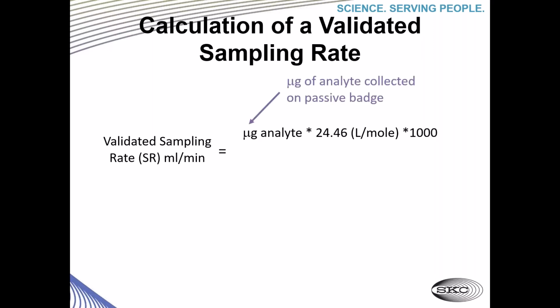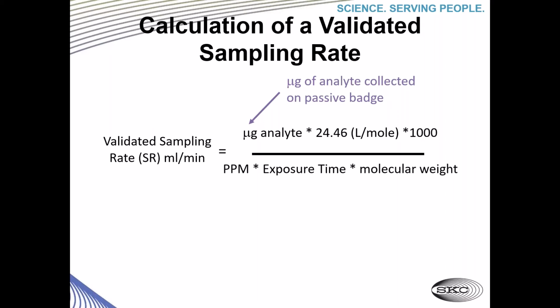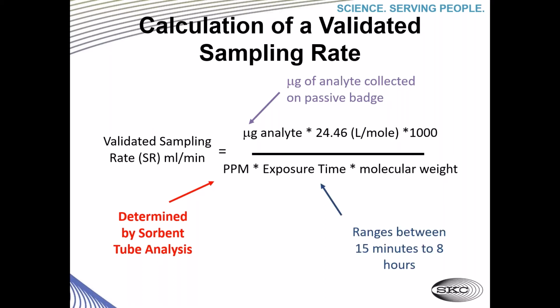The micrograms of analyte is the mass of the chemical collected on the passive badge, divided by the ppm times the exposure time times the molecular weight. ppm is going to be determined by the sorbent tube. Exposure time is going to range between 15 minutes to 8 hours. And the 24.46 above is the volume to mole constant for a gas at a given temperature and pressure.